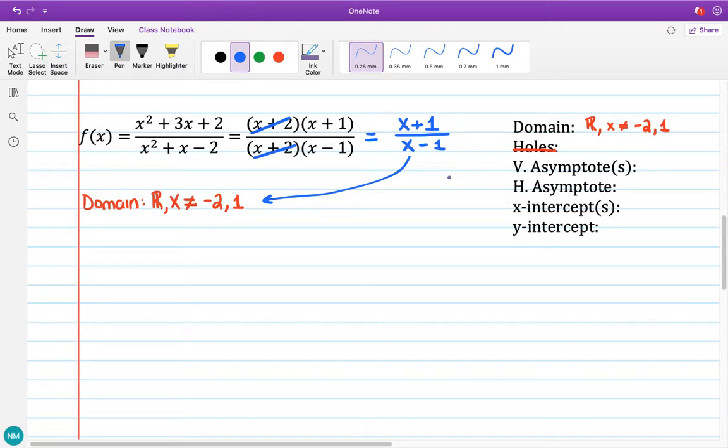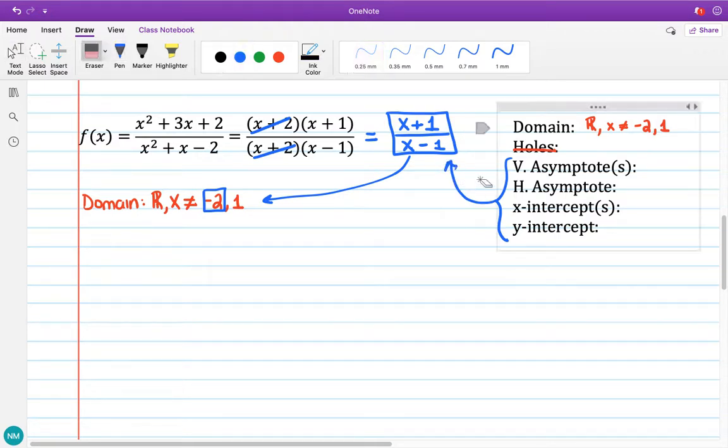So what happens at x equals -2? Well, it doesn't exist because it's not part of my domain, but technically, I am graphing this function, not this one. Everything else, I'm going to find from this function, except my domain and technically my holes.